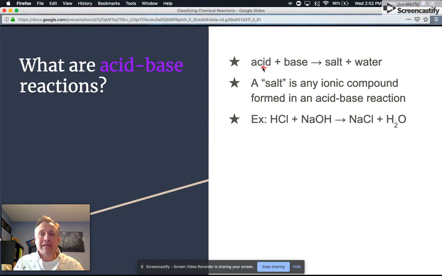But in an acid-base reaction, the acid and the base react together and neutralize each other. You always get a salt out of that, some kind of a solid precipitate. A precipitate is just a solid. If you were to actually mix these things together, you'll see some kind of a solid form. It'll get cloudy. You'll see actual particles at the bottom of your beaker or whatever you're working in.